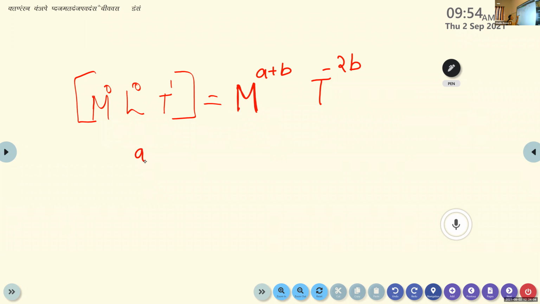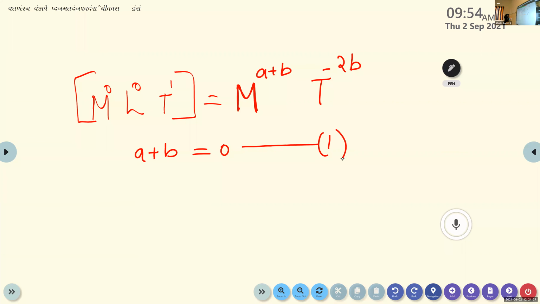By equating the exponents of M, we get A plus B equal to the exponent of M on the LHS, which is 0. So A plus B equals 0. This is our equation number 1.